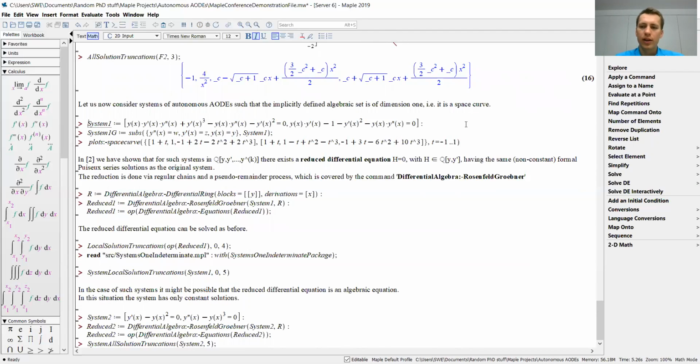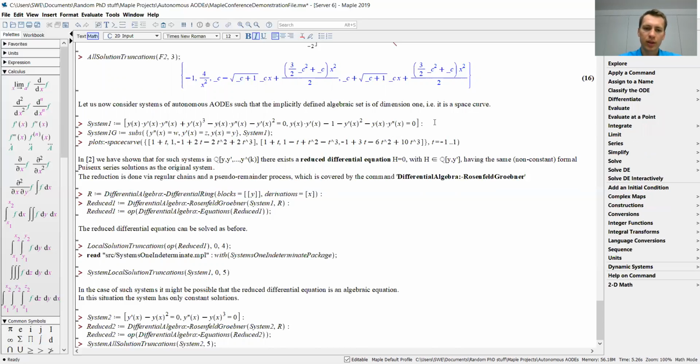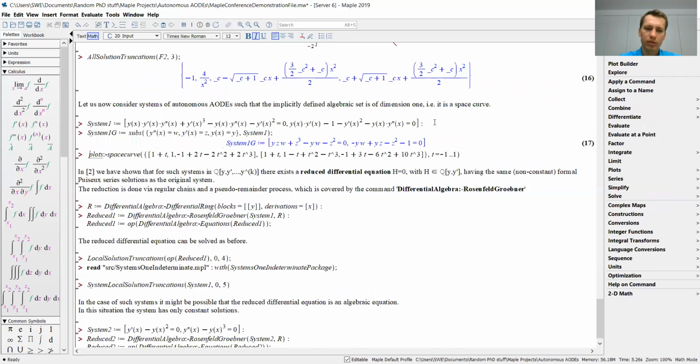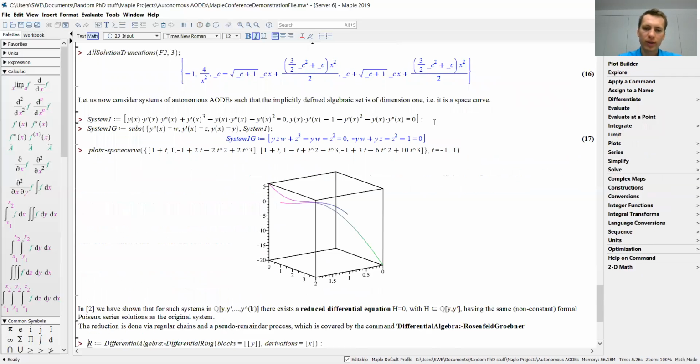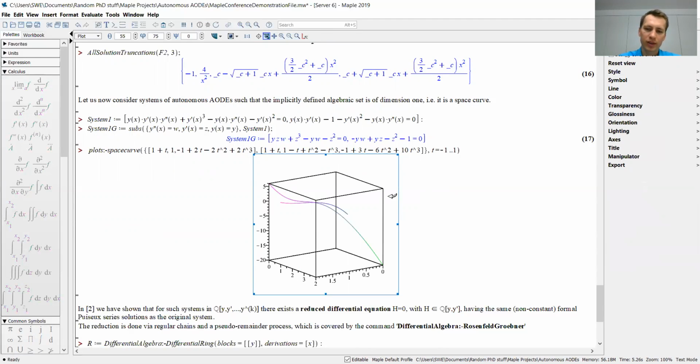As I already said, we also handle systems of differential equations, but not arbitrary systems, only those which implicitly define a space curve or the union of space curves and points. So for example, if we have given this system here, system 1, and the geometric version of it, let's plot it. So here we have a space curve, or basically it's the union of space curves and points.